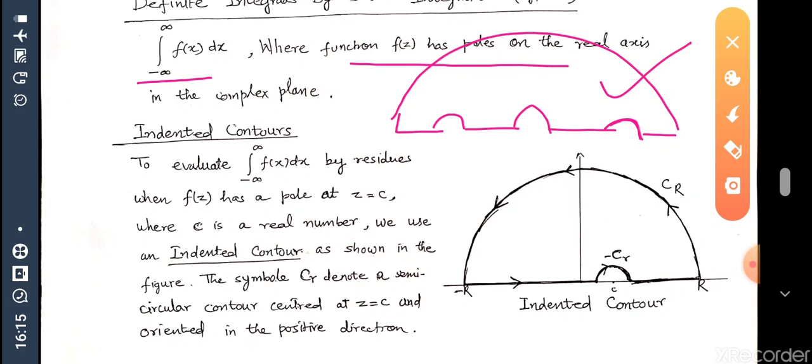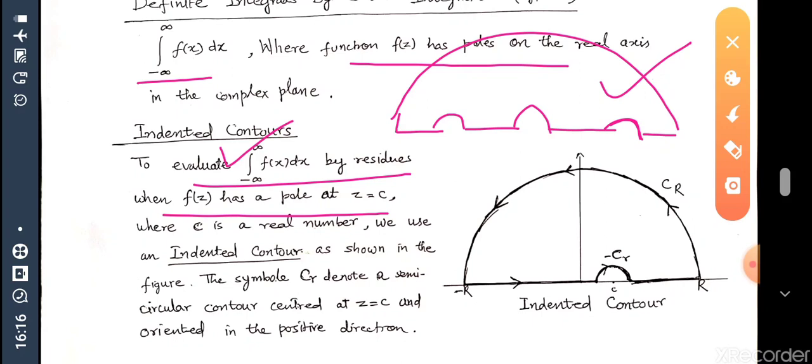We have to evaluate the integral from minus infinity to infinity of f(x) dx by residues, and the pole of f(z) is a simple pole z equal to c which lies on the real axis. So we use an indented contour to solve this integration.